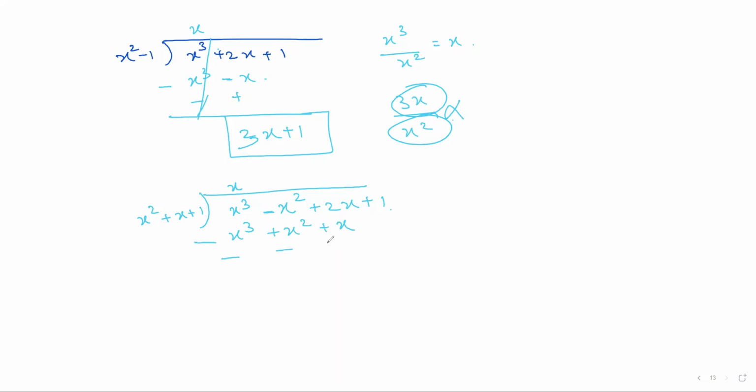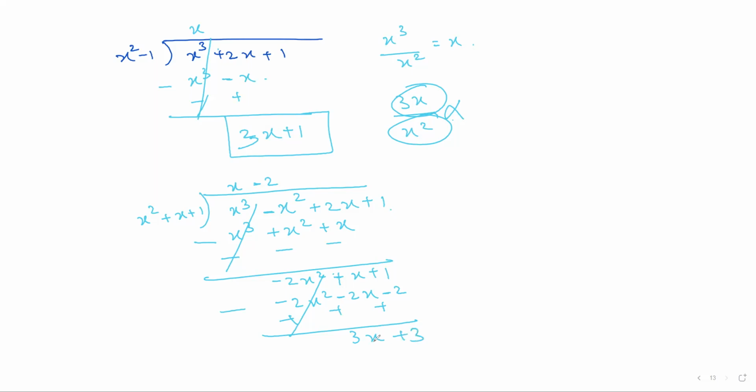Subtraction, minus 2x squared plus x plus 1. This one divided by this, you get minus 2. Minus 2x squared minus 2x minus 2. Subtraction, sign change, 3x plus 3. It cannot be further divided because this power is x and this is x squared.